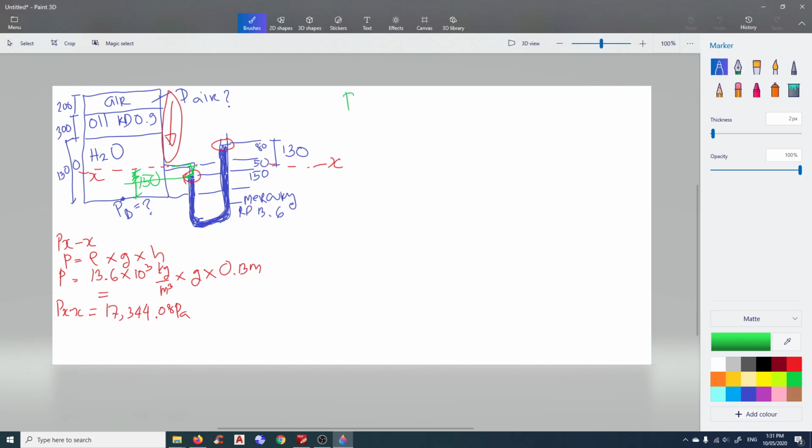So the pressure at the bottom of the tank will be the pressure at point XX, what we already calculated before, plus the pressure exerted by the water with a height of 0.15 meter or 150 millimeter.